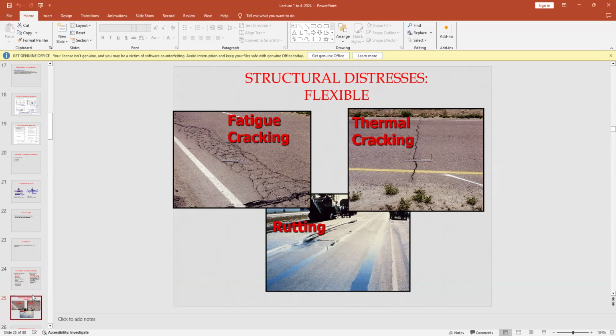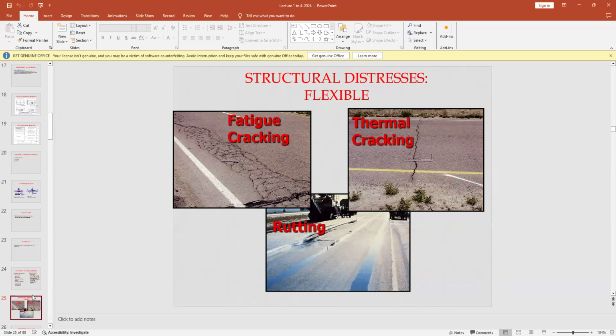In fact, in most of the European countries, you will find this thermal crack very common. It's not damaging the road. It doesn't affect the overall structural capability of a road. Instead, it gives a bad impression.